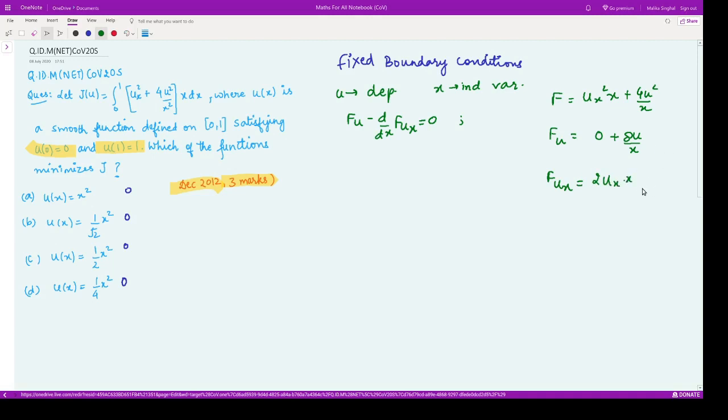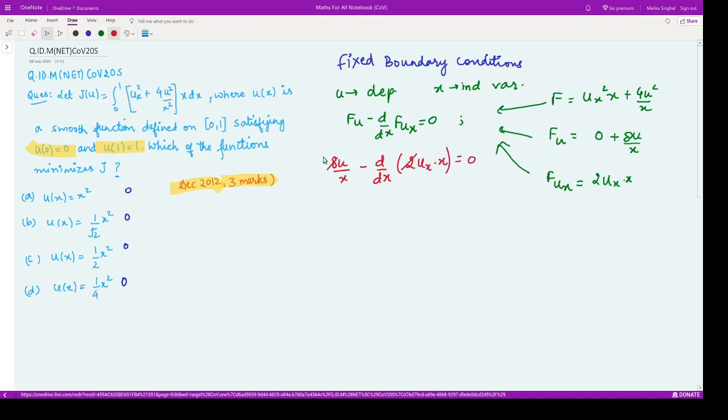That's it, right? So let us plug in these values over here. We have 8u divided by x minus d/dx of 2u_x multiplied by x is equal to 0.